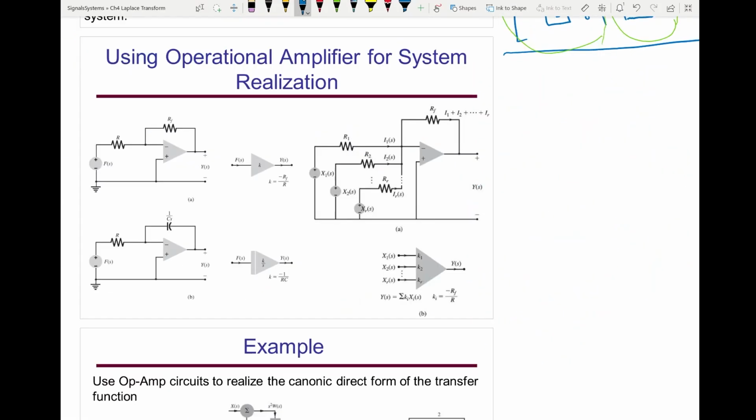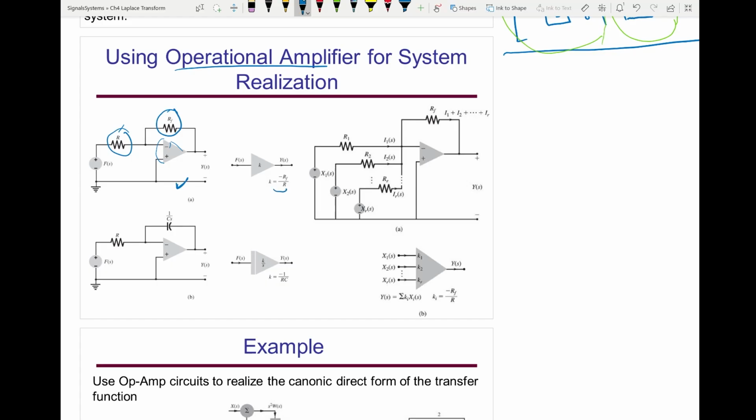We will be using the following circuit components for system realization using operational amplifiers. From circuit theory, you have this op-amp with RF and R connected in the feedback terminal, and we learned the gain will be RF divided by R and it's a negative amplification.